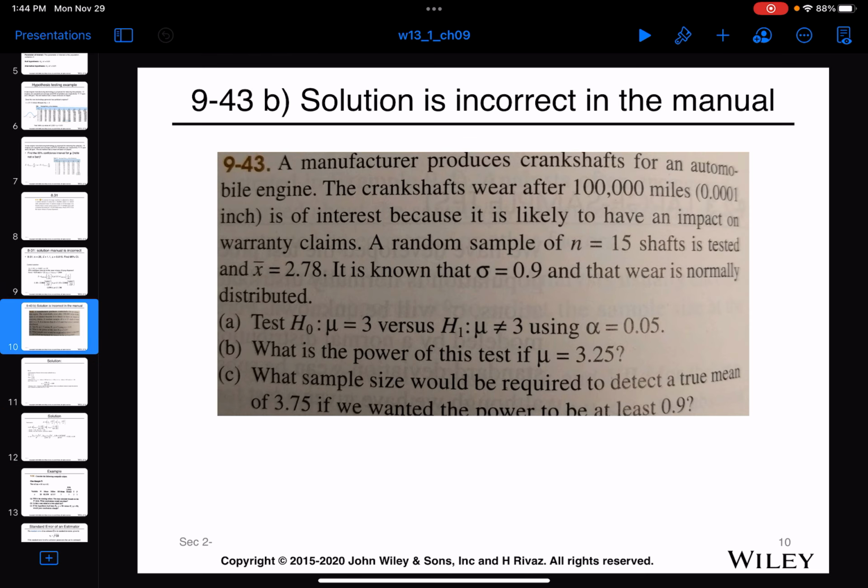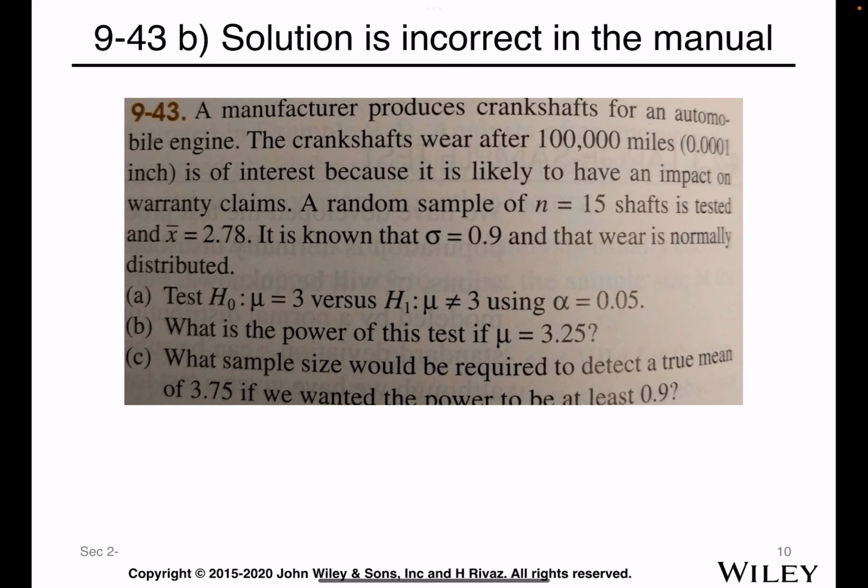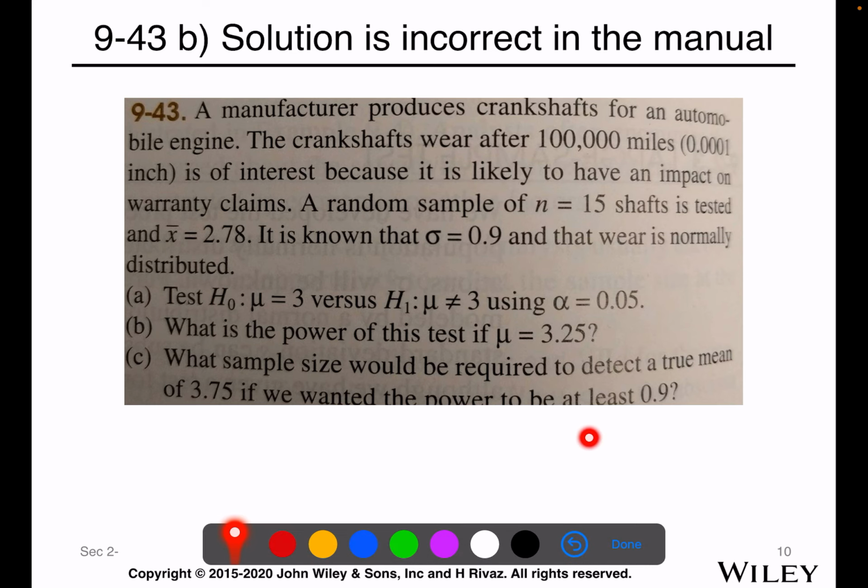So the third part says, what sample size would be required to detect a true mean of 3.75 if we wanted the power to be at least 0.9, right? So when power is 0.9, that means that beta is 0.1 or less than 0.1, right? And here note that the true mean has actually changed. So mu is 3.75 and mu 0 is 3, right?